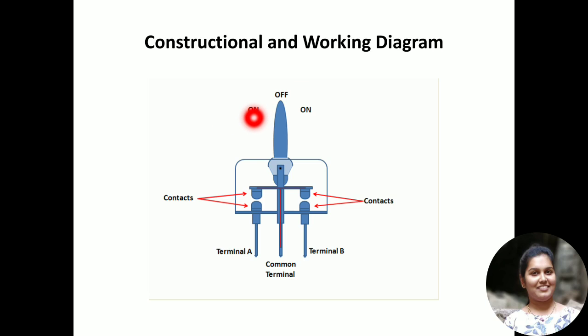Then we call it a basic two position toggle switch. As we have taken an additional terminal, terminal B, this is now a three position toggle switch. That is, two circuits can be connected at a time and any one of the circuits will be turned on at one time.